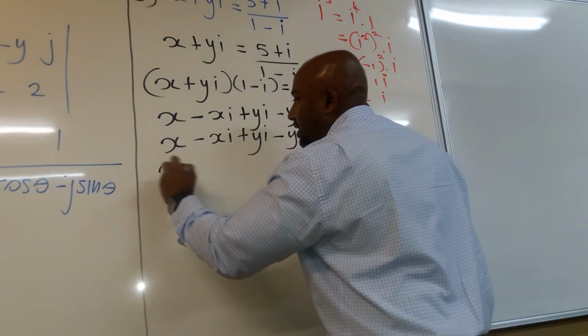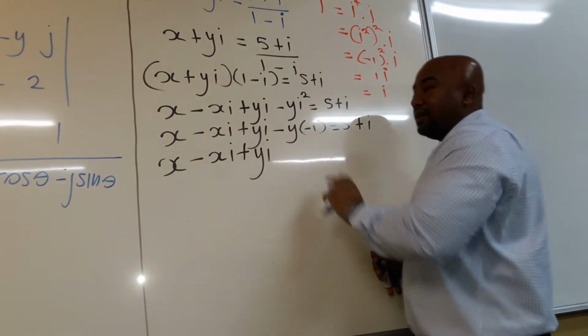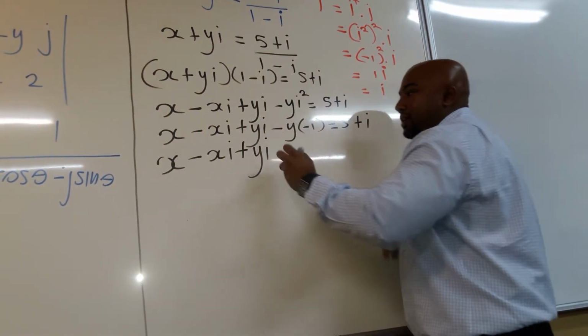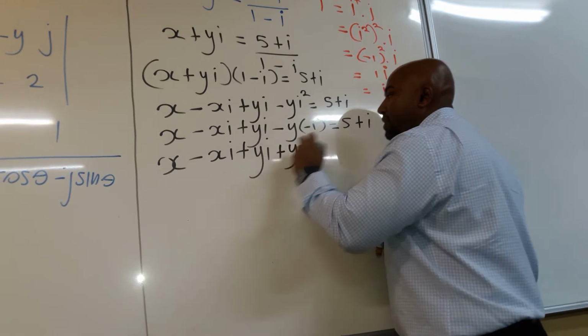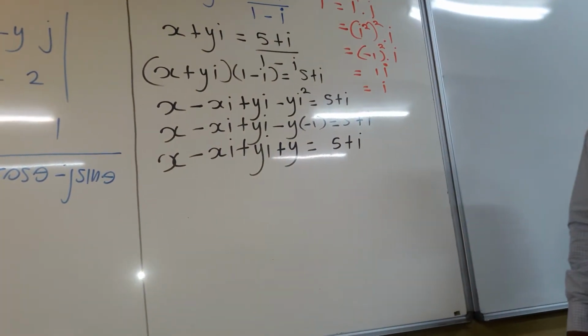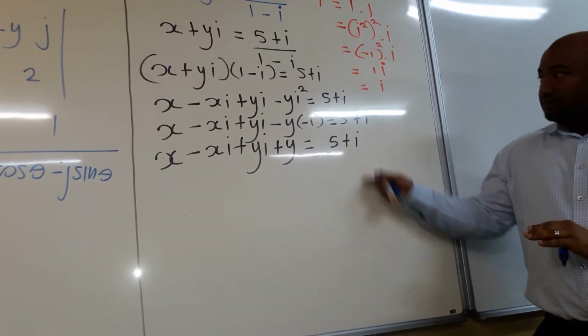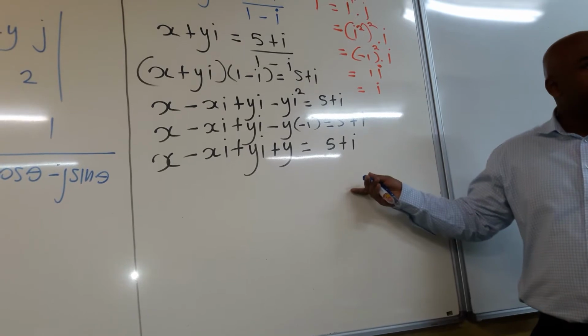So now we got x minus xi plus yi. Negative times negative here, that's a positive y is equal to 5 plus I. So now, our right hand side has been simplified. Well, basically there's nothing more to do here.